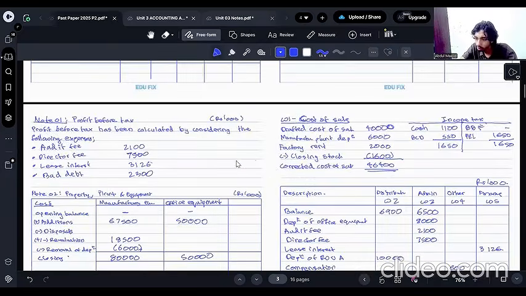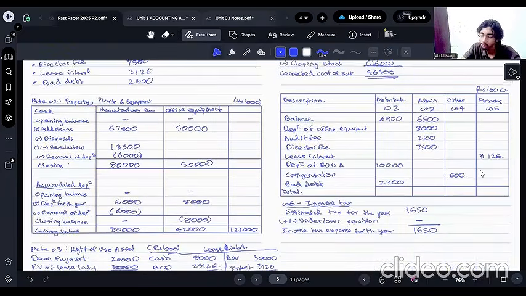Now the first thing you have to do is to balance off your expenses. 6,900 plus 10,000 plus 2,300, that is 19,200. Admin expense 6,500 plus 8,000 plus 2,100 plus 7,500, that is 24,100. Then other expense will be only bad debt 600, finance 3,126.